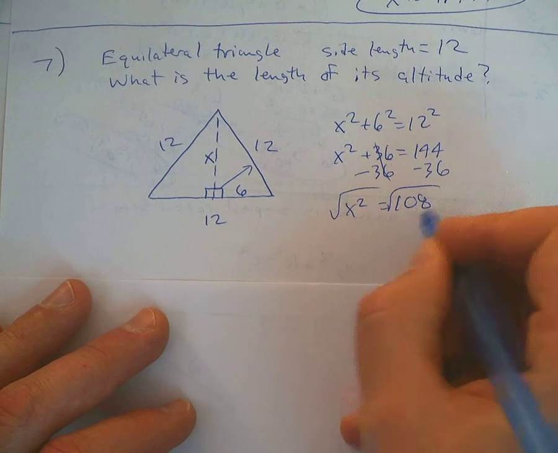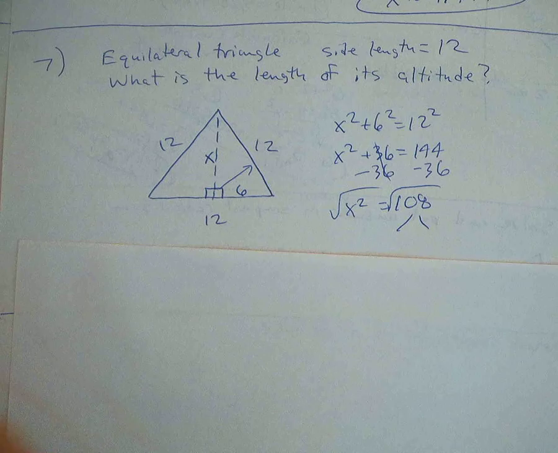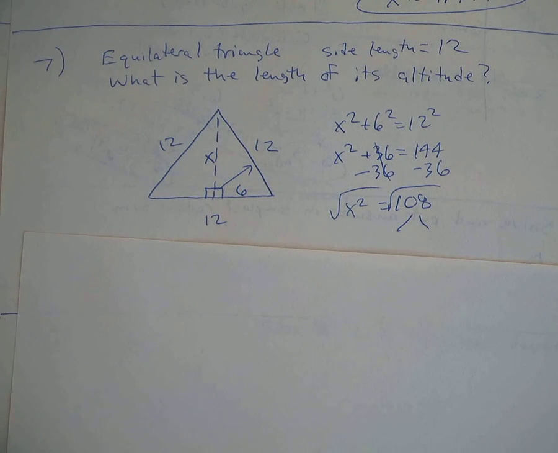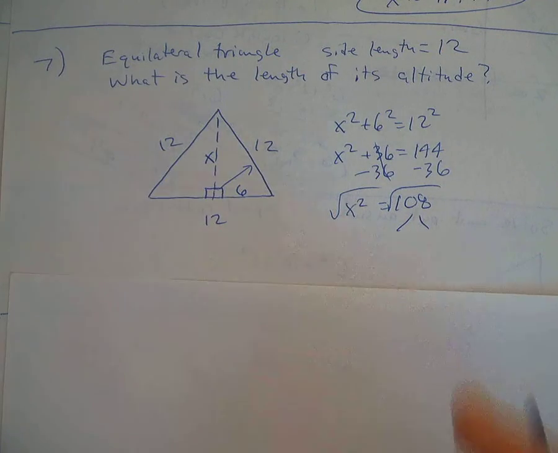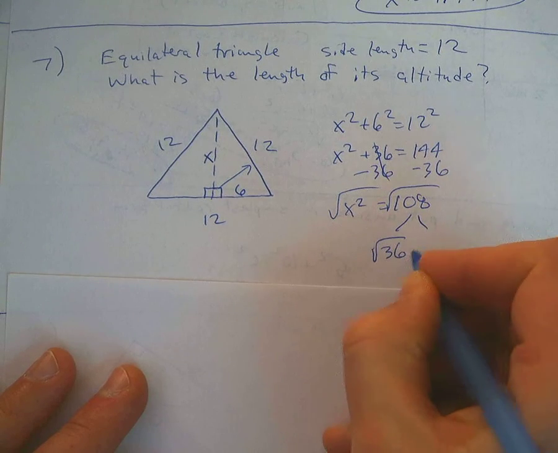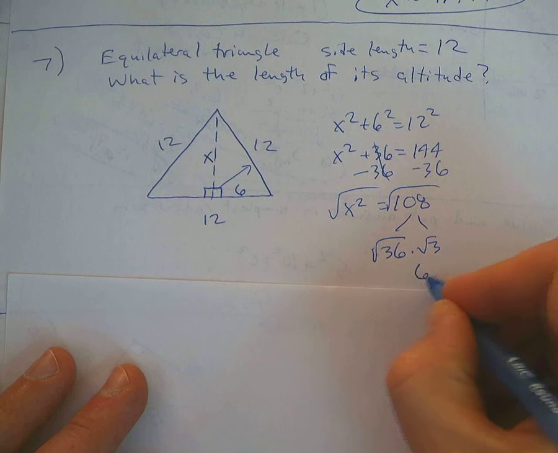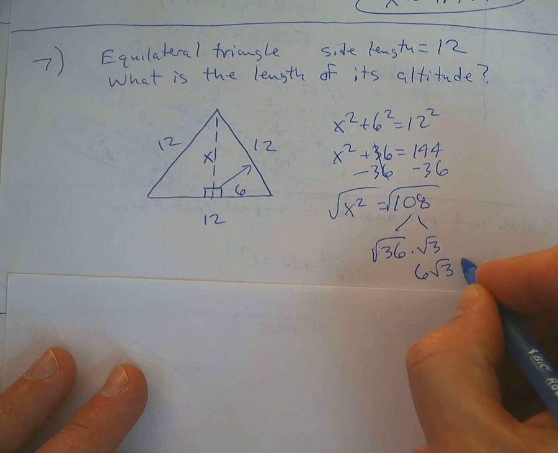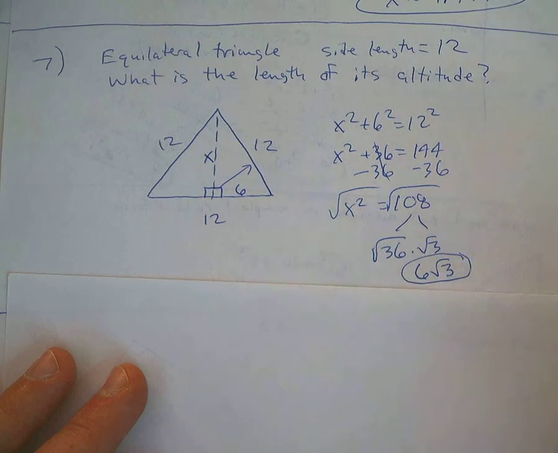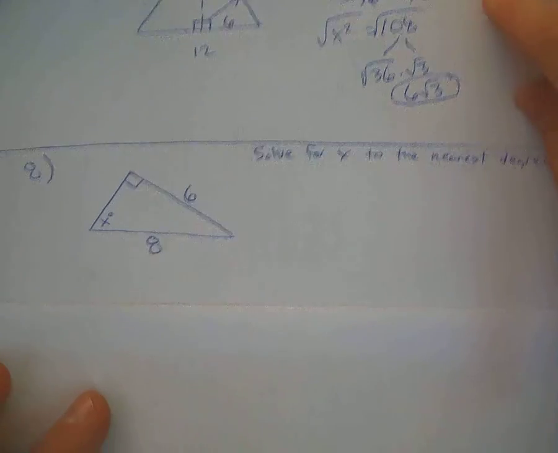And I take the square root here. I try to factor out the biggest perfect square number. I think it is 36. So 36 times 3 is 108, so this is going to be 6 times the square root of 3. That would be your answer. Okay.